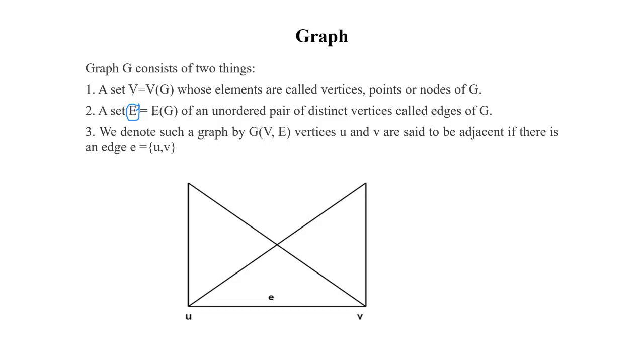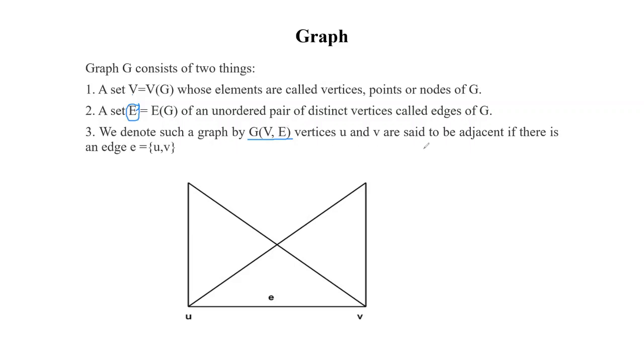Set E is equal to E of G, that is the set of edges, unordered pairs of distinct vertices, called edges of G. Generally, we denote the graph by G in brackets V comma E. The meaning is V is a set of vertices and E is a set of edges.